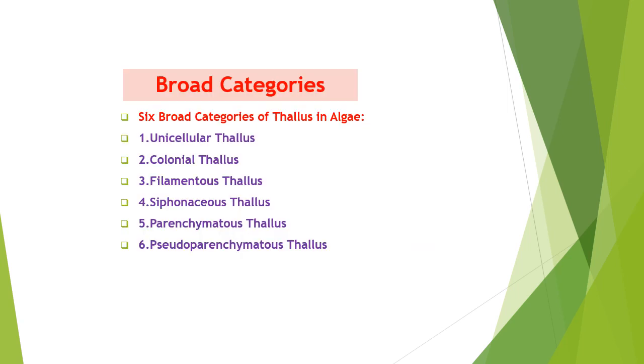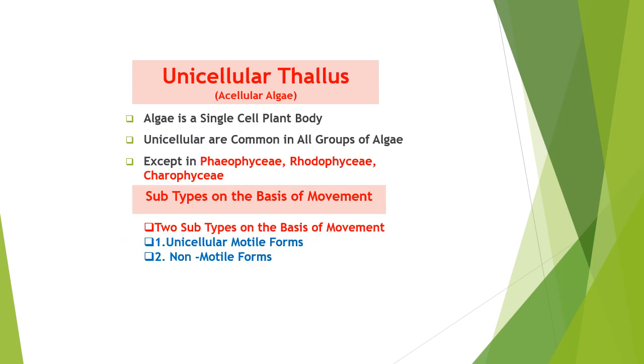So first of all, the broad categories. There are 6 broad categories of thallus in algae. One is unicellular thallus, the second is colonial thallus, then filamentous thallus, siphonaceous thallus, parenchymatous thallus, and pseudoparenchymatous thallus. Let us discuss them one by one.